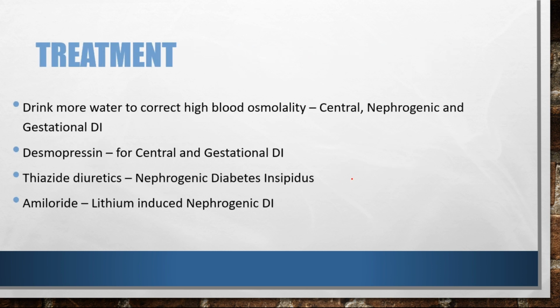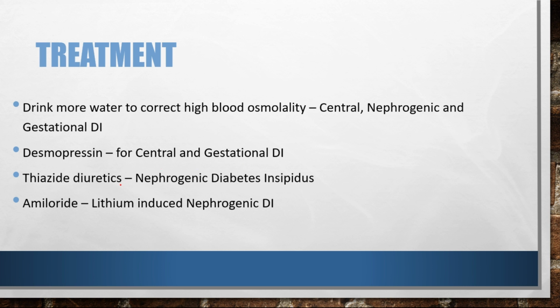On treatment, you need to drink more water to correct any high blood osmolality, and this can be done in central, nephrogenic and gestational diabetes insipidus, but we do not do it in dipsogenic diabetes insipidus, as there is a reduced blood osmolality. Desmopressin can be given for central and gestational diabetes insipidus, as there is lack of ADH in the blood.